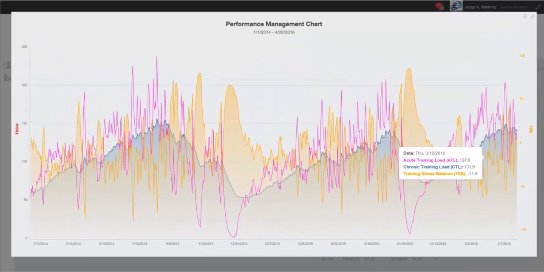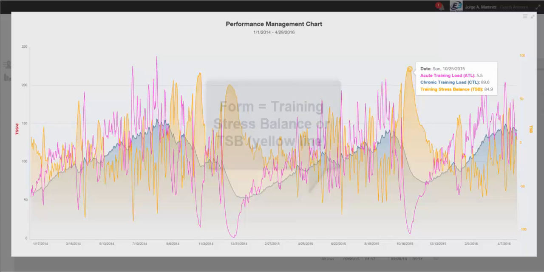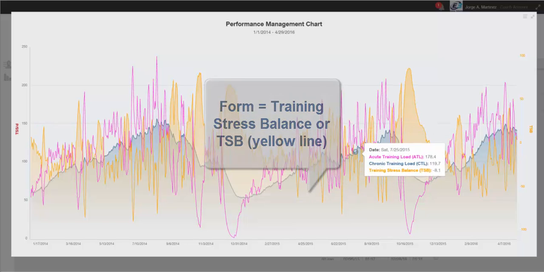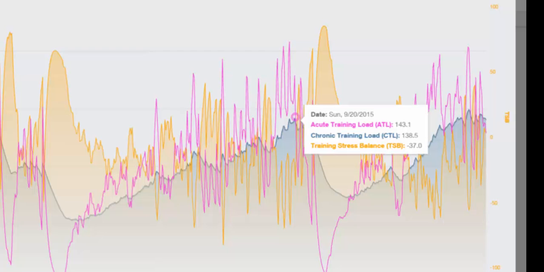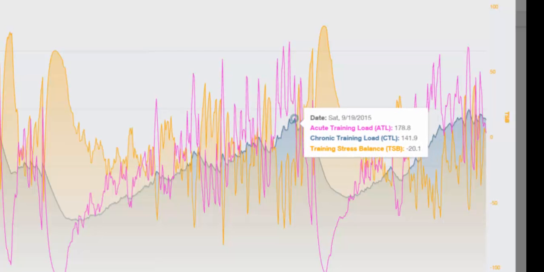And the difference between this blue line and this pink line is what's called form, which is when you are primed to perform better, when you're primed to have a peak performance. So if we use this graph for last year for Yana's training leading up to Kona, her biggest fitness, the biggest amount of points that she accumulated over that time divided by 6 weeks, was roughly 141, almost 142 points.